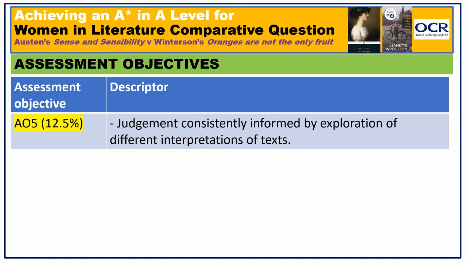So, if you're studying Sense and Sensibility, you might include a reference to the 1995 film version of Austen's novel, in which Emma Thompson is far too old as Eleanor, and Hugh Grant brings his faux bumbling charm, inverted commas, to the role of Edward Ferrars. If studying Oranges, you can include a reference to the 1990 BBC version of the novel, which has the advantage over the Austen production in that Winterson herself wrote the screenplay.